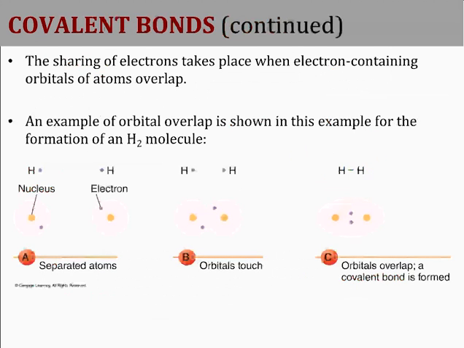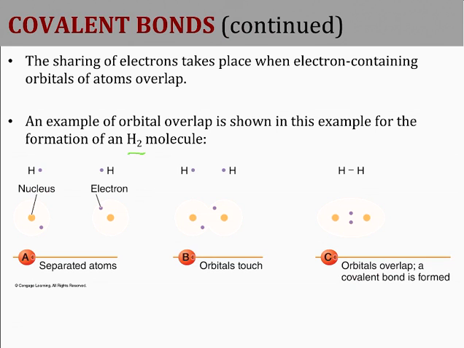All right, so another way to think about the sharing of electrons is in terms of orbitals. So the sharing of electrons takes place when electron-containing orbitals of atoms overlap with each other. So an example of that would be a hydrogen molecule which contains 2 hydrogens. So it's H2.